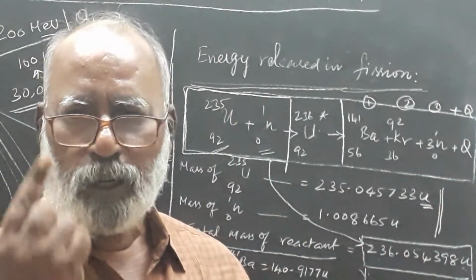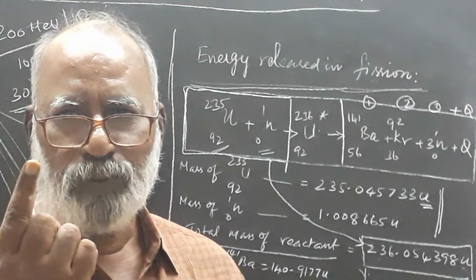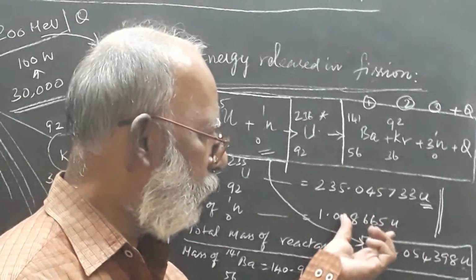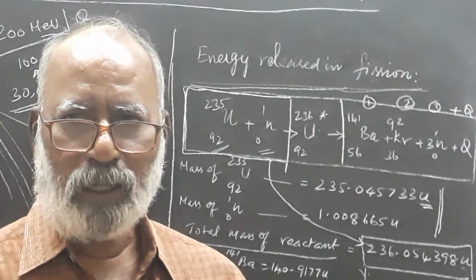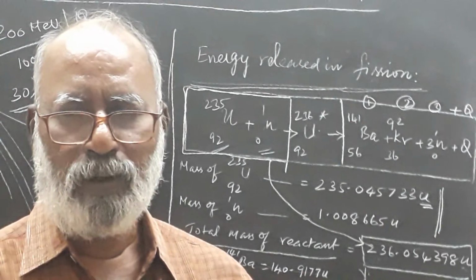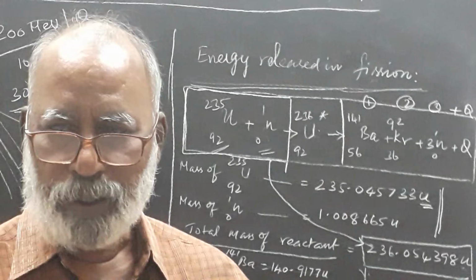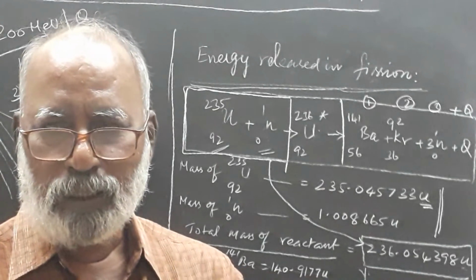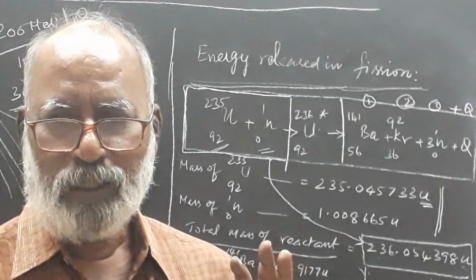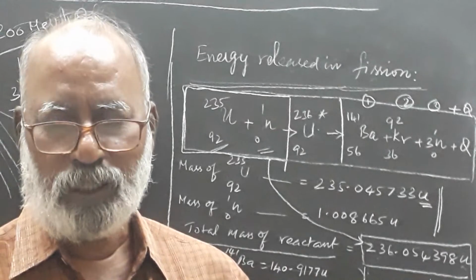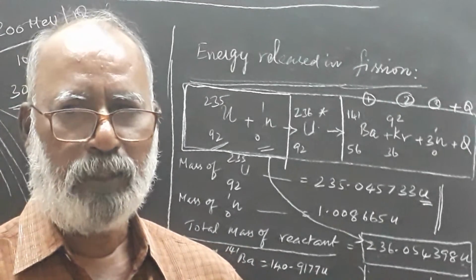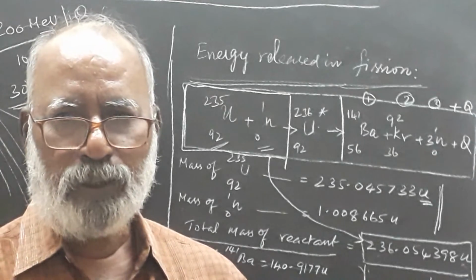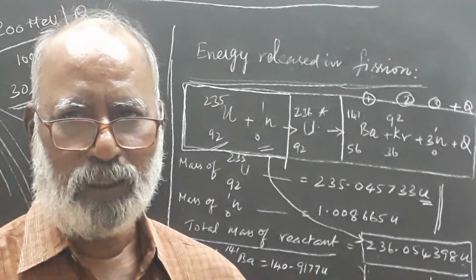Only one uranium produces such energy. Then think about when lakhs of uranium nuclei are bombarded by neutrons, how much energy is released? That's what we are going to see in the next topic, chain reaction: what is meant by chain reaction and how much energy is released.